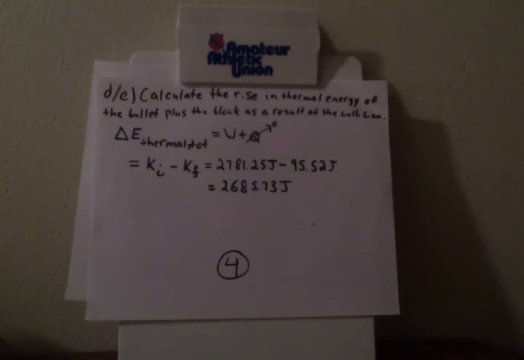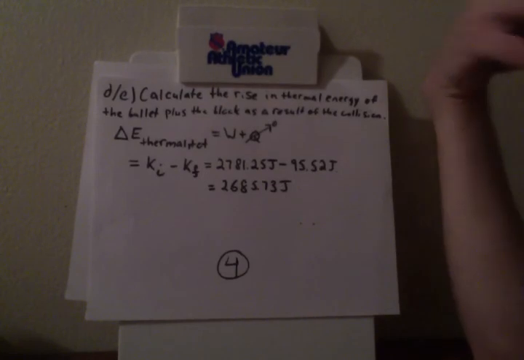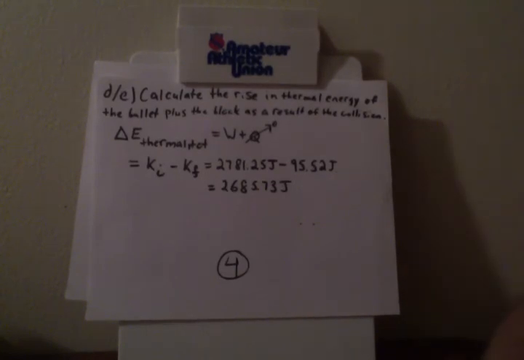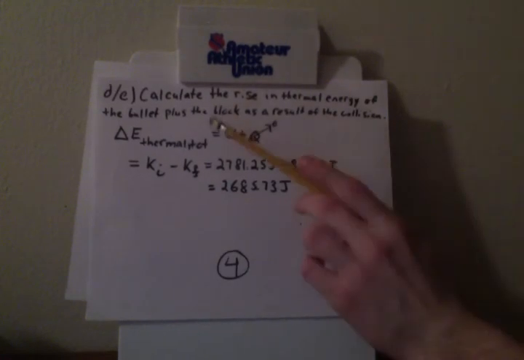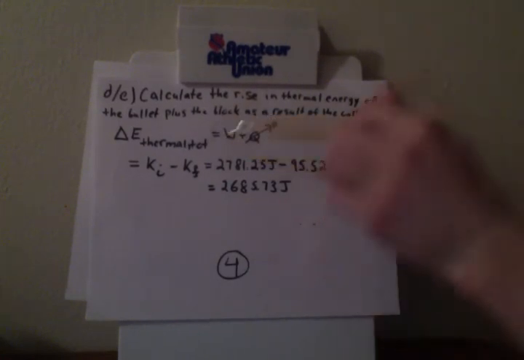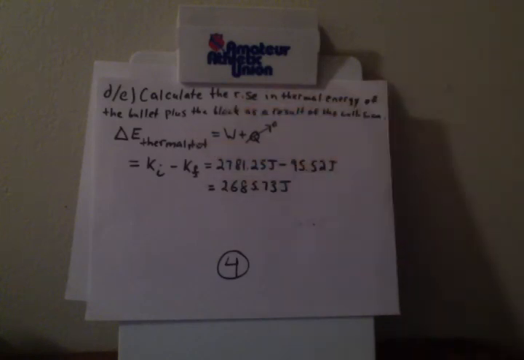And also there's no significant objects in the surrounding. So with that being said, that's equal to the work, and we can define this displacement in thermal energy to be the loss in kinetic energy.